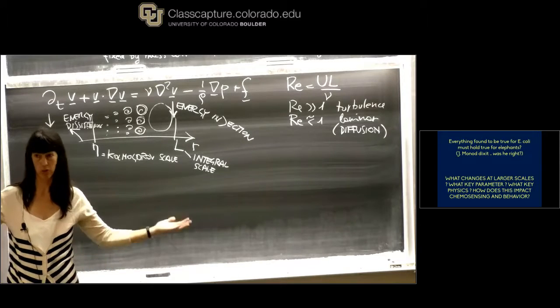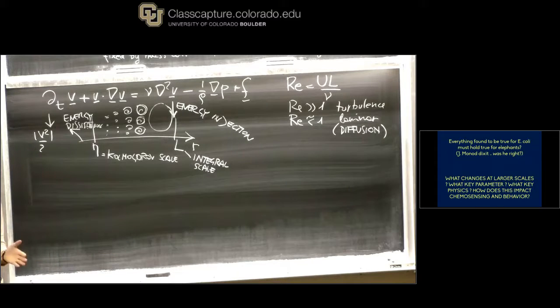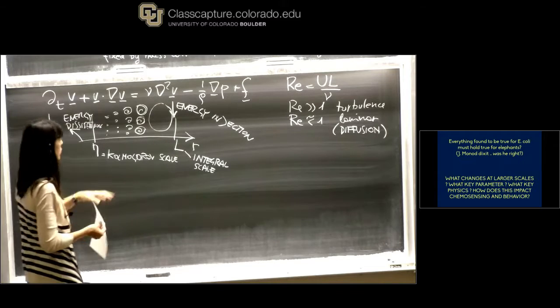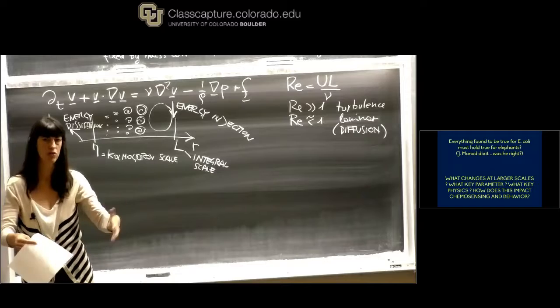How does it work at different scales? Can I infer things from one scale to another? And how dramatic these fluctuations are. So the first thing you should remember about turbulence is that there are fluctuations, major fluctuations. So in this process of creating smaller and smaller structures, you create fluctuations.